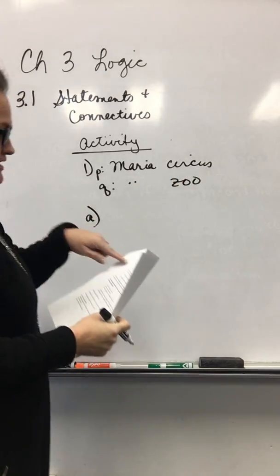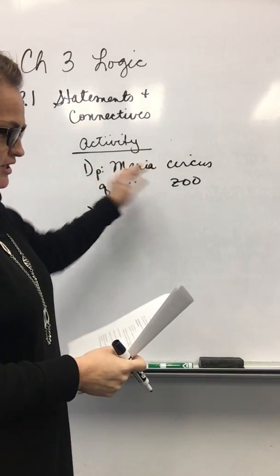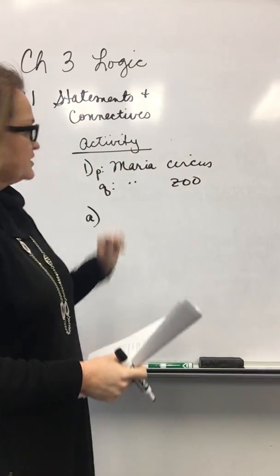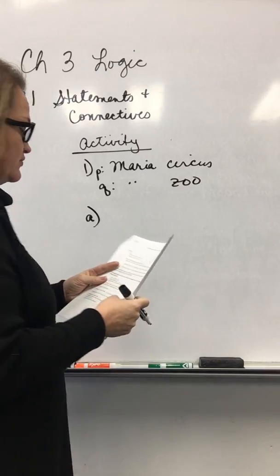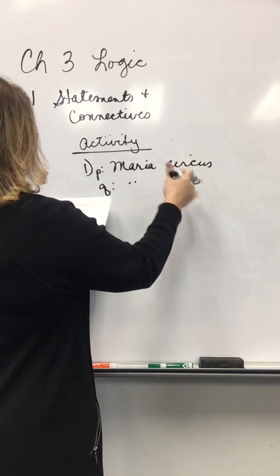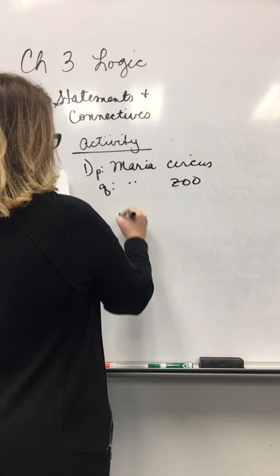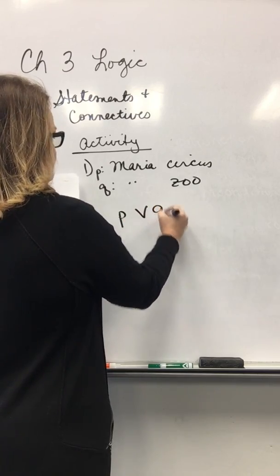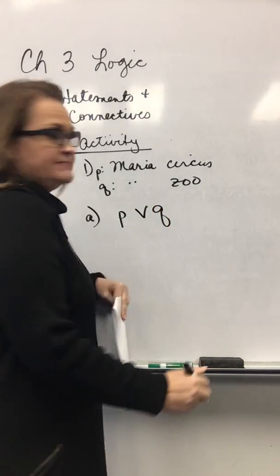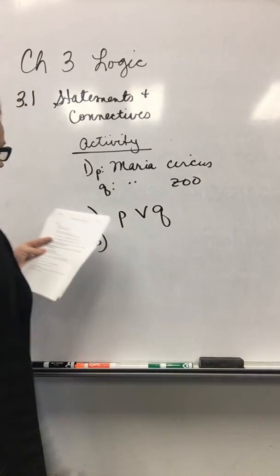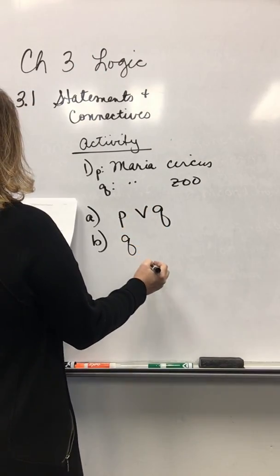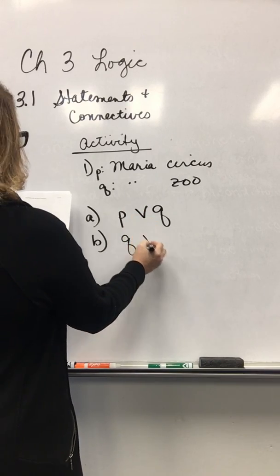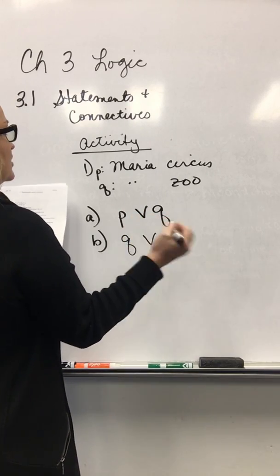So we have this statement P, and I've shortcutted it here, is Maria will go to the circus. Statement Q, Maria will go to the zoo. So write in symbolic form that Maria will go to the circus or Maria will go to the zoo. You should have said that the or is the V, so that's answer A. Answer B, Maria will go to the zoo, which is Q, or Maria will not go to the circus.